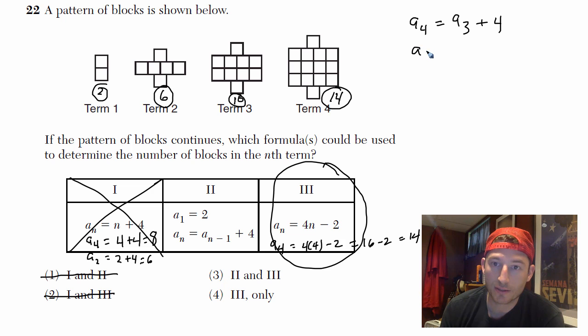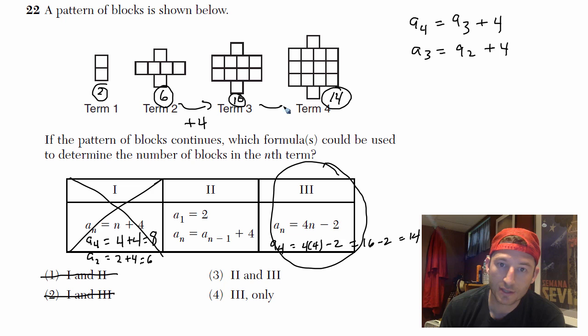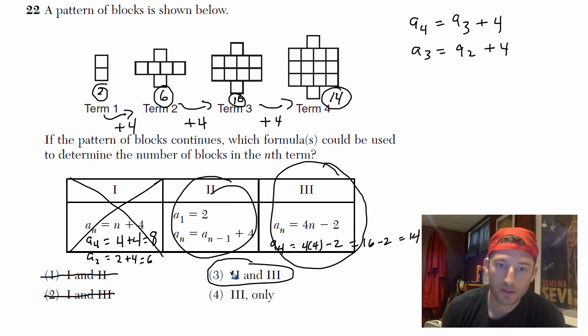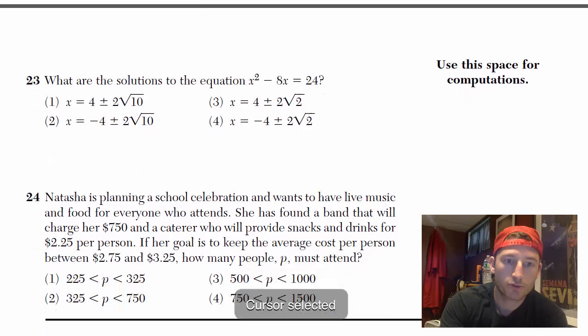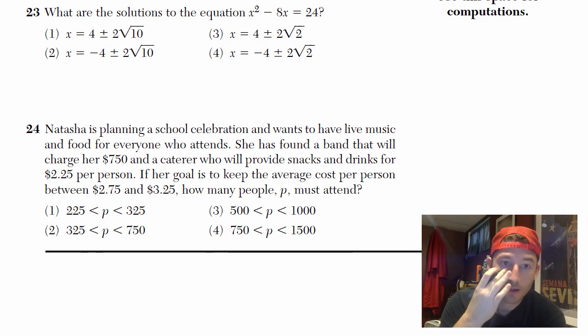Let's say I was testing the 3rd one. Well, it says what's in the 2nd one plus 4. If I want the 3rd one, I go to the 2nd one and add 4. And that seems to be the case because every one of these is just adding 4. So I'm pretty confident with that one. So it looks like 2 and 3 work as formulas. Answer choice 3.